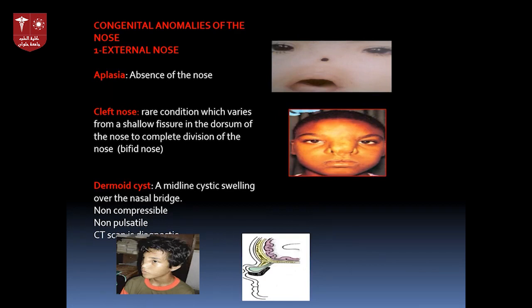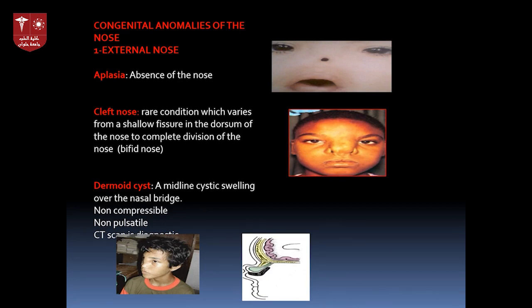There are congenital anomalies of the external nose also, like absence of the nose. The nose is not present, a baby born without a nose. It's called aplasia. Or cleft nose, which is a very rare condition which varies from a shallow fissure of the dorsum of the nose to complete division of the nose, bifid nose.